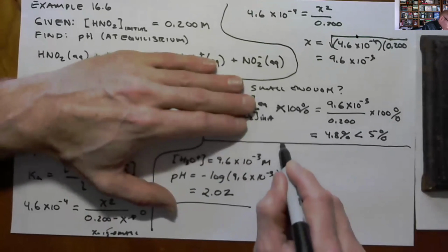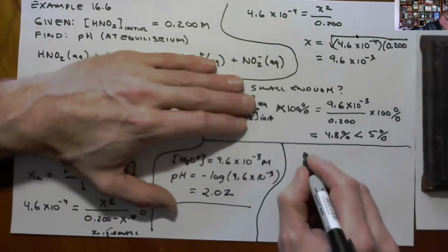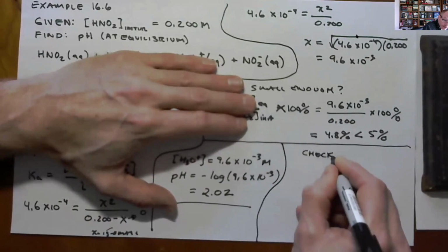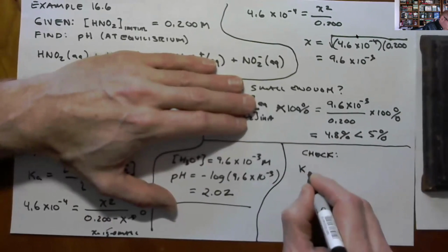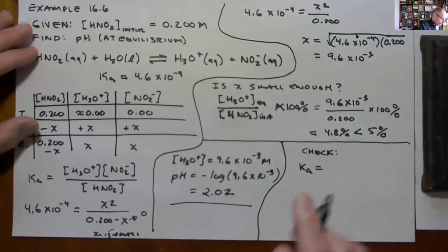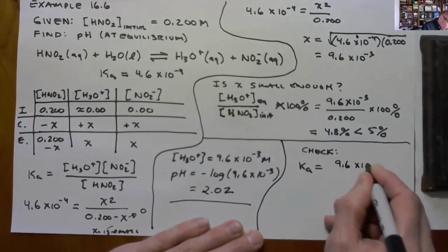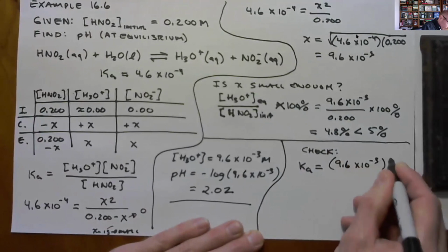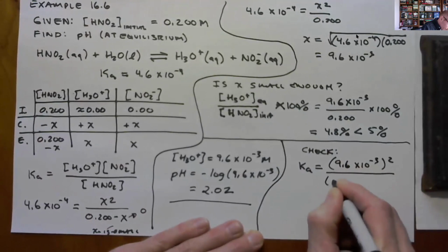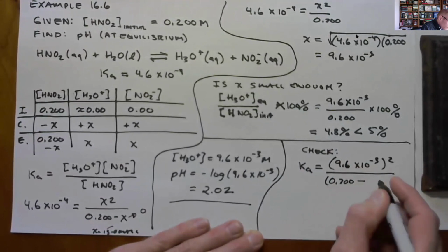Now, as a check, we didn't do this in the last problem, but just to be thorough, we're asked to reconstruct our value of Ka based on our equilibrium values. So again, 9.6 times 10 to the minus 3 squared divided by 0.200 minus 9.6 times 10 to the minus 3.